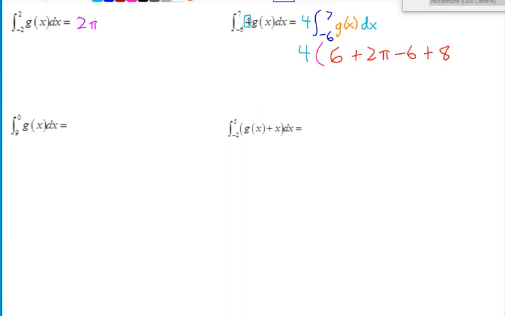So if we simplify that first, you can see the 6's cancel out, and we're just left with 2 pi minus 8. And then if you distribute the 4 into that, to make it a little simpler, that would be 4 times 2 pi, 8 pi, minus 8, sorry, that was a minus 8 one, not a plus 8.